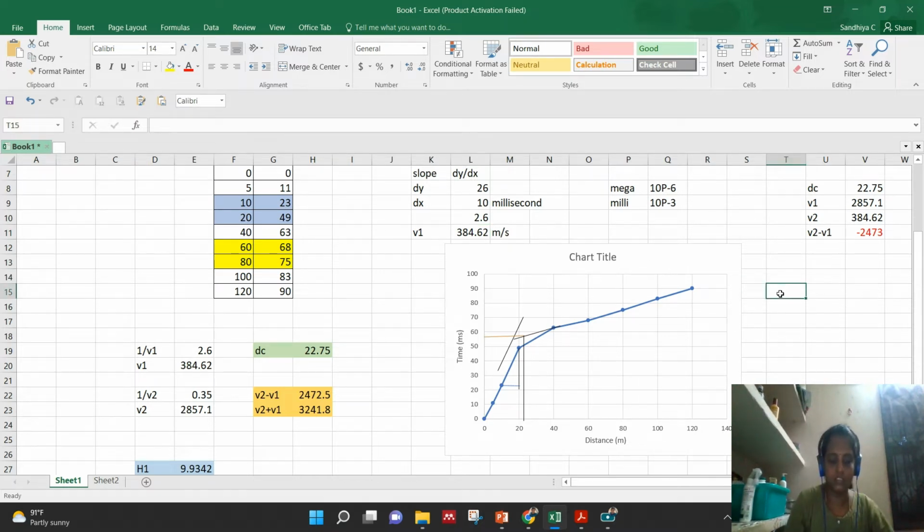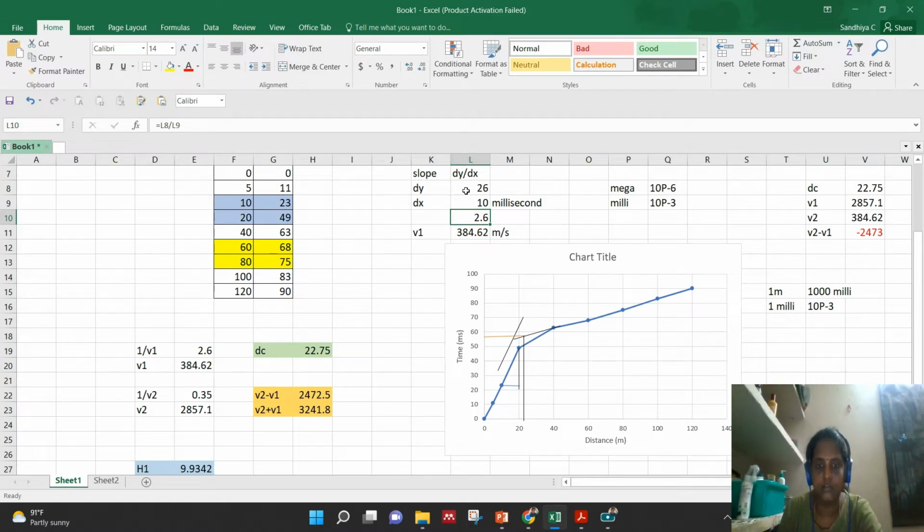1 meter is going to be 1,000 milli, so 1 milli is going to be 10 power minus 3. When this 10 power minus 3 comes from the denominator to the numerator, it becomes 2.6 into 10 power 3.